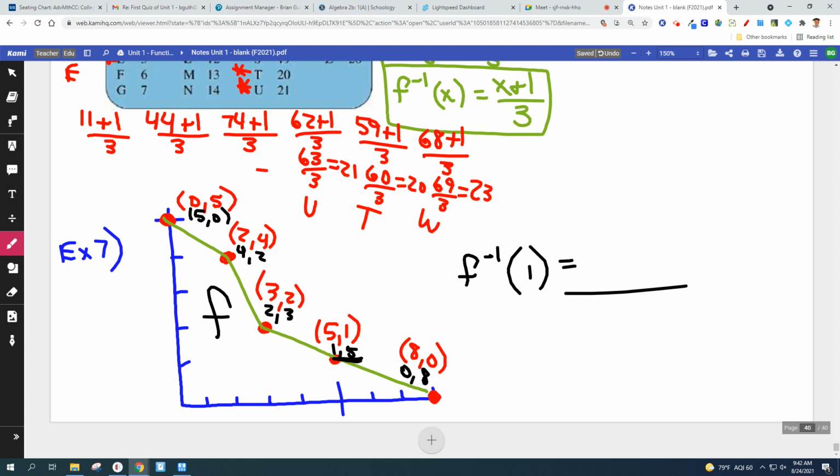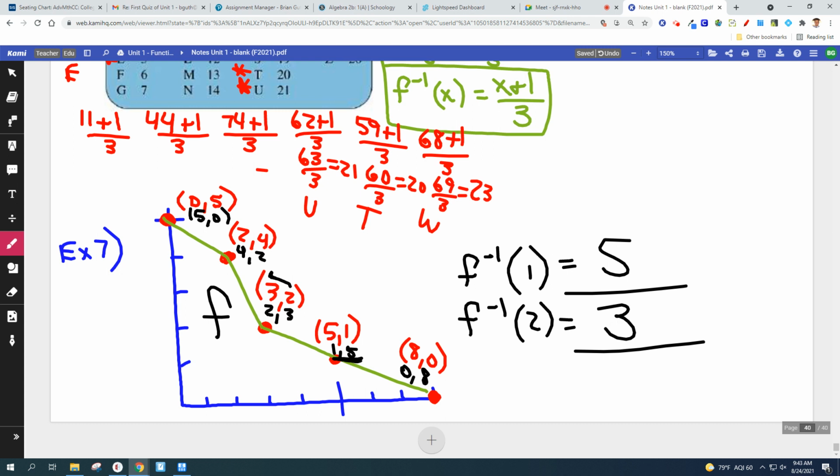f inverse of 1 is 5. I'm switching x and y. So that 1, instead of being an x number, it's actually like a y number. You look at your y number of 1, and it goes with 5. Okay? So maybe you don't see the pattern yet, but what if I said f inverse of 2? f inverse of 2, all I have to do is look basically right here, right? From 2 to 3.